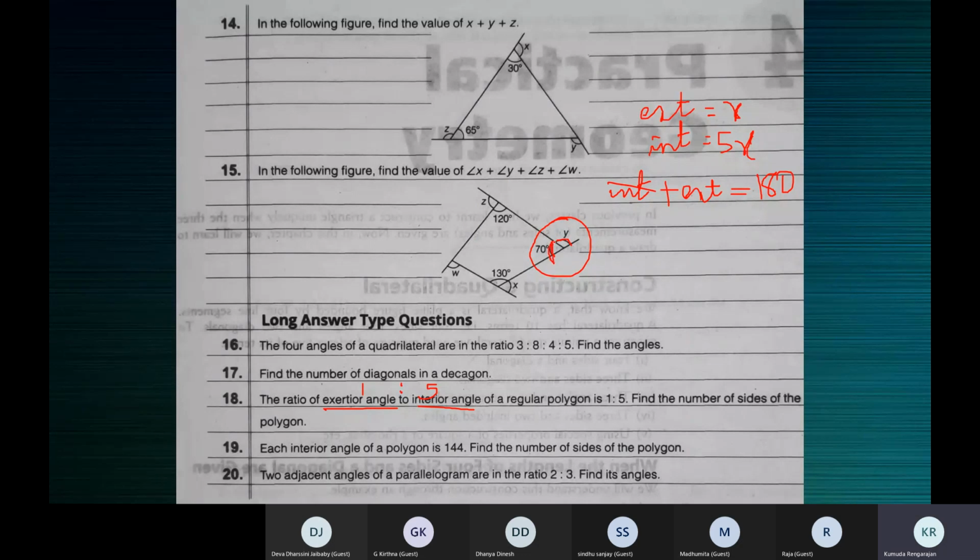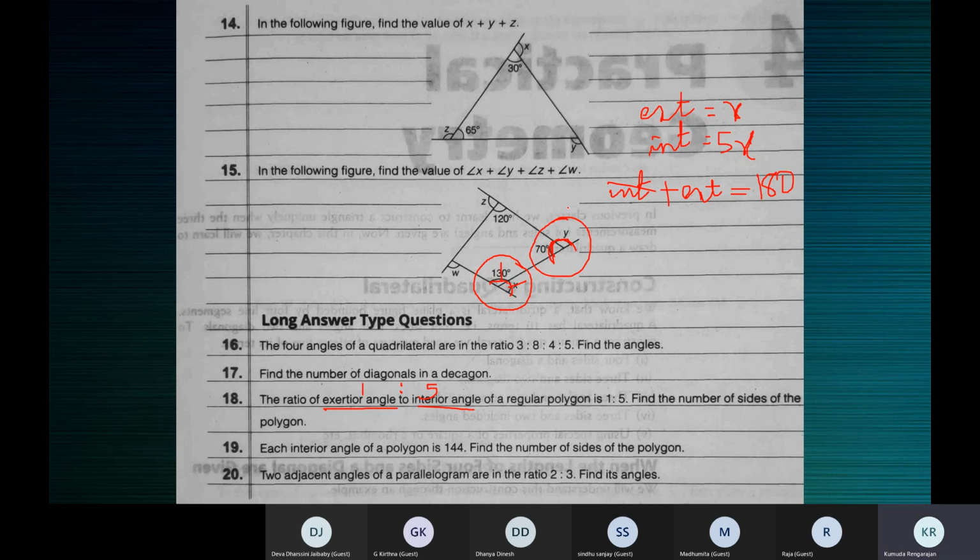Similarly here, 130 is the interior angle and x is the exterior angle. This is a different question, children. I'm just telling you how it is 180. 130 plus x is equal to 180.